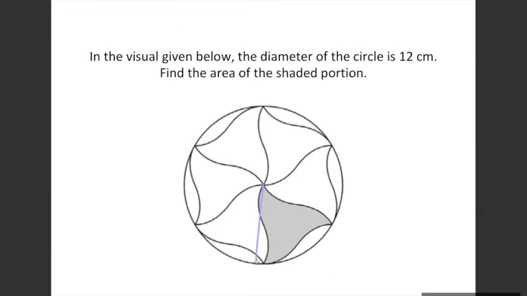So this, what I'm drawing right now, we will be taking the area of this equilateral triangle. Does anybody want to contest as to why the area of this equilateral triangle and the shaded portion will be the same or not?